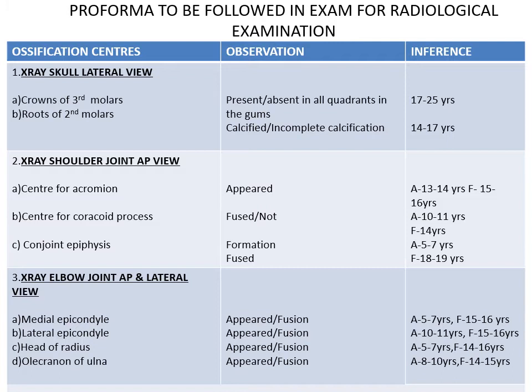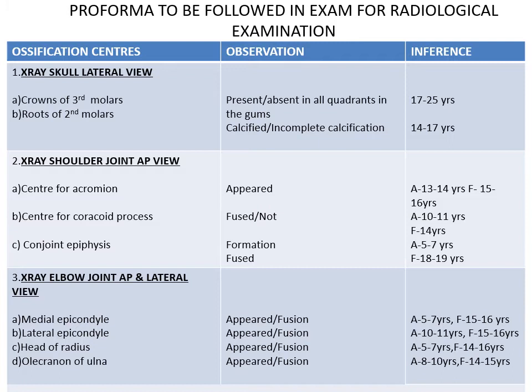This is how you write in the exam. Ossification: you name the X-ray, write the centers, and in the observation column whether they have fused or not, and in the inference column based on the fusion what is the age group. Finally at the end you come to a conclusion. So this is how you have to put a tabular form in your exams.